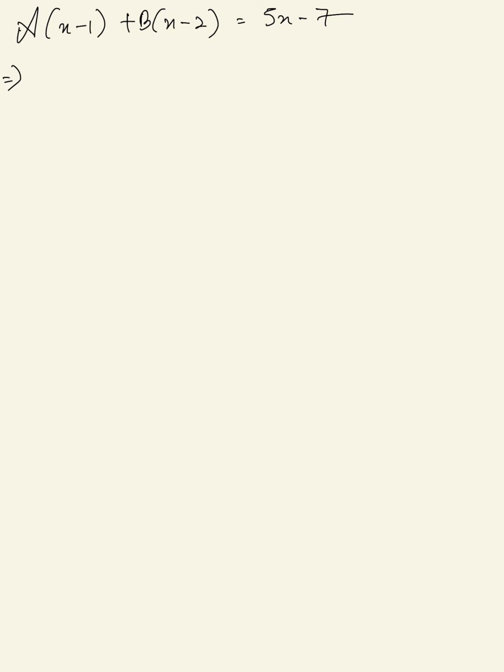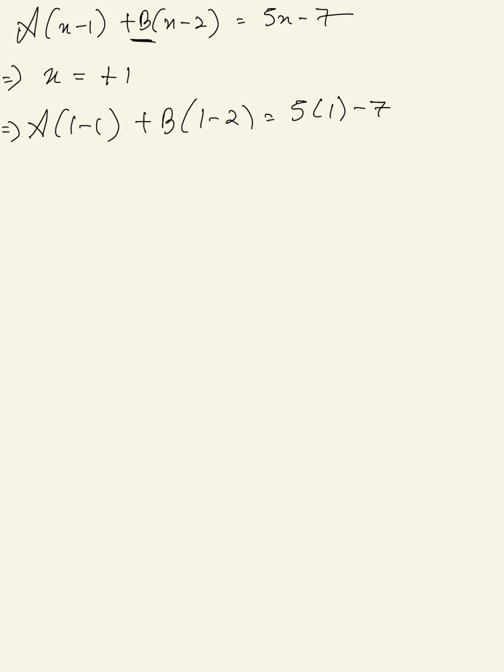So to do it, let's find the value of b first. To find the value of b, we'll consider x to be positive 1. So this term will go to 0. So for b, we'll have 2.